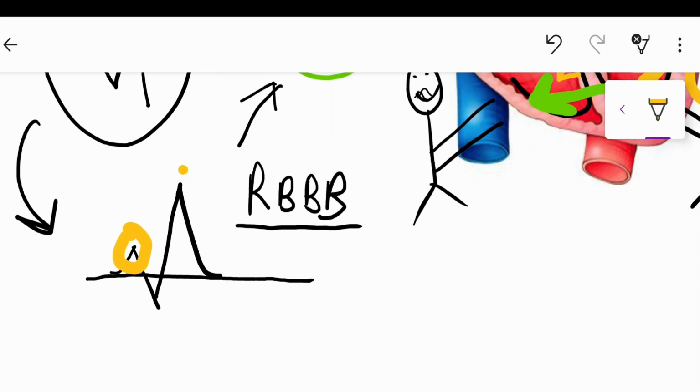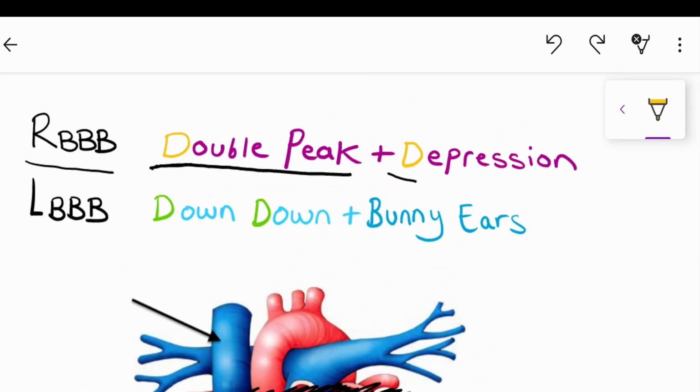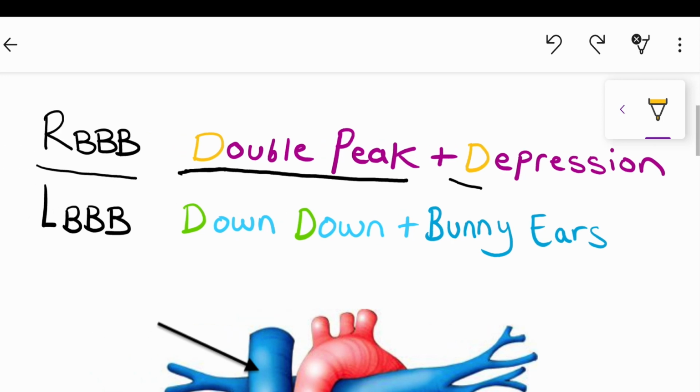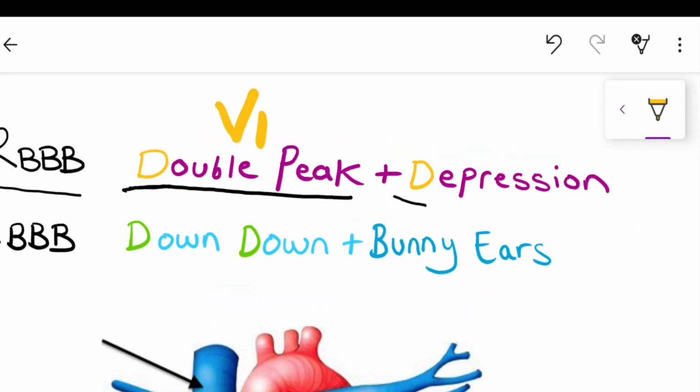One peak, two peak, double peak, right bundle branch block. That's your first indicator to finding what is the right bundle branch block, at least for V1. But we have depression. Where does this come in? Well, this is for V6.